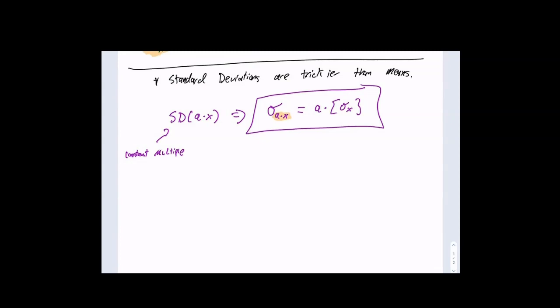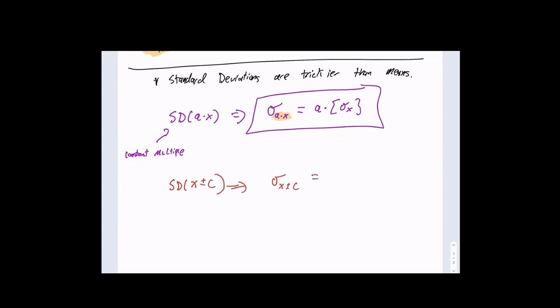This is the notation that I think will be very good to see. Now, the next rule is when we take the standard deviation and we have x and we add or subtract some constant. In other words, we're going to see this as x plus or minus a constant.